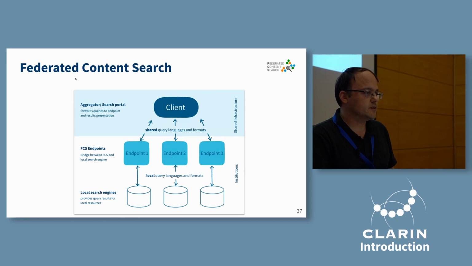So the idea is that a user can use the FCS search portal, can formulate a query. This query is then distributed to the local search engines, which will create the results, and they again will be returned to the client and will be presented to the user at the central FCS search portal.